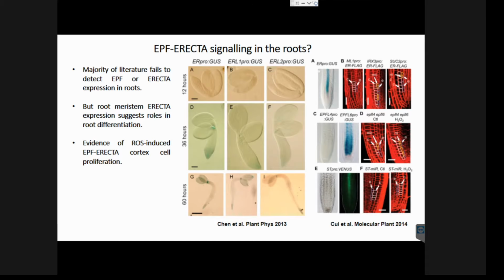So even if, let's say, EPF1 and EPF2 are not involved, there's still a possibility that overexpression, so constitutive expression of these EPFs, could alter the processes that are native to the roots.